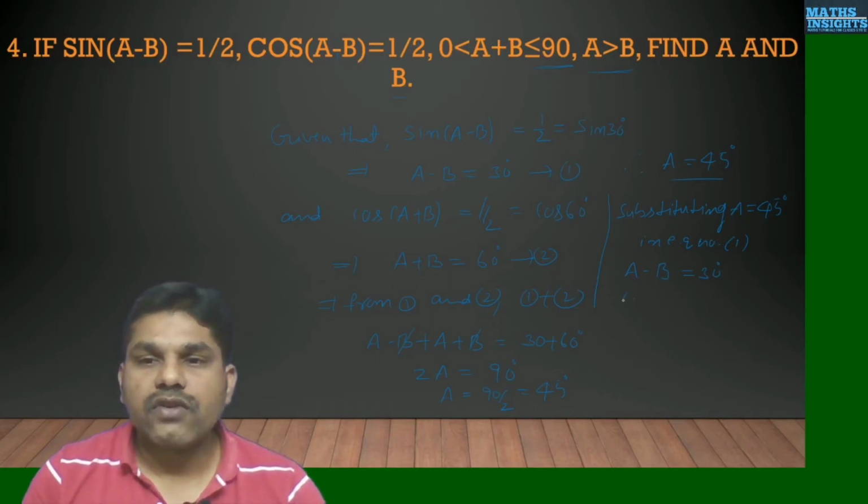See, a value is already 45, 45 minus b is equals to 30 degrees. When you take this 30 degrees this side, that will become 45 minus 30 is equals to b. Therefore b is equals to 15 degrees. They have clearly given that a is greater than b. Therefore a value 45 is greater than 15. So that is also satisfied.